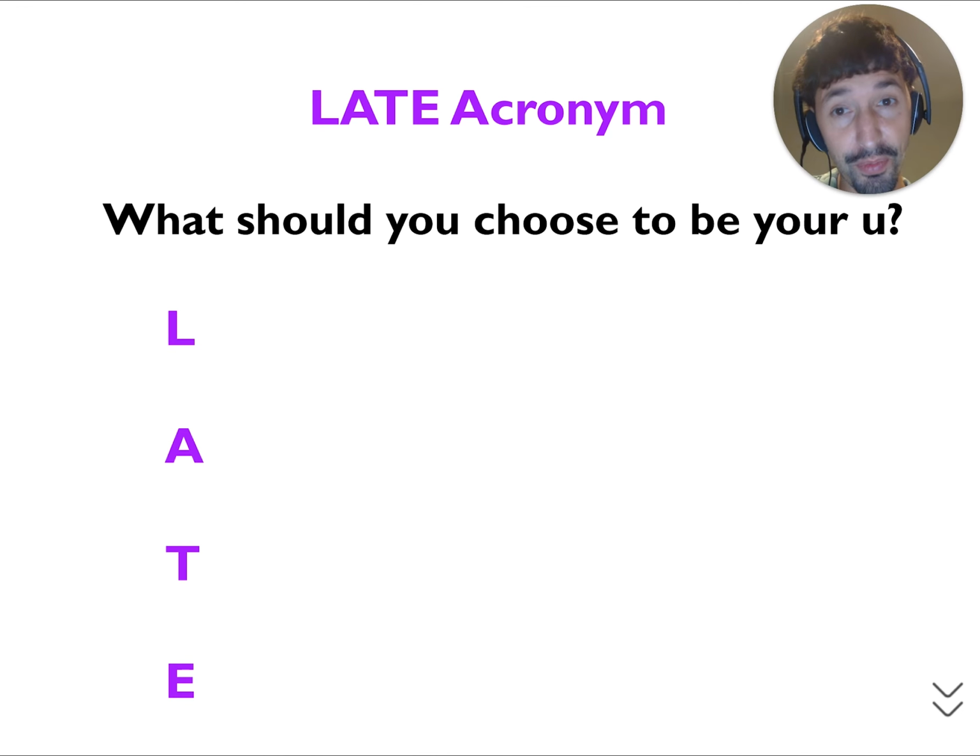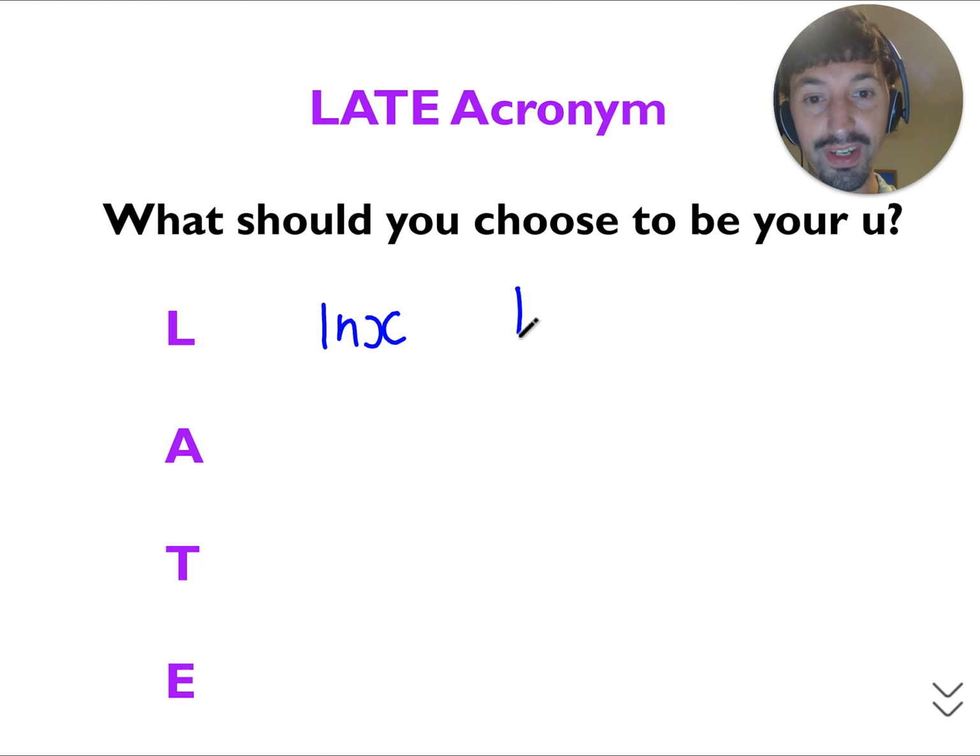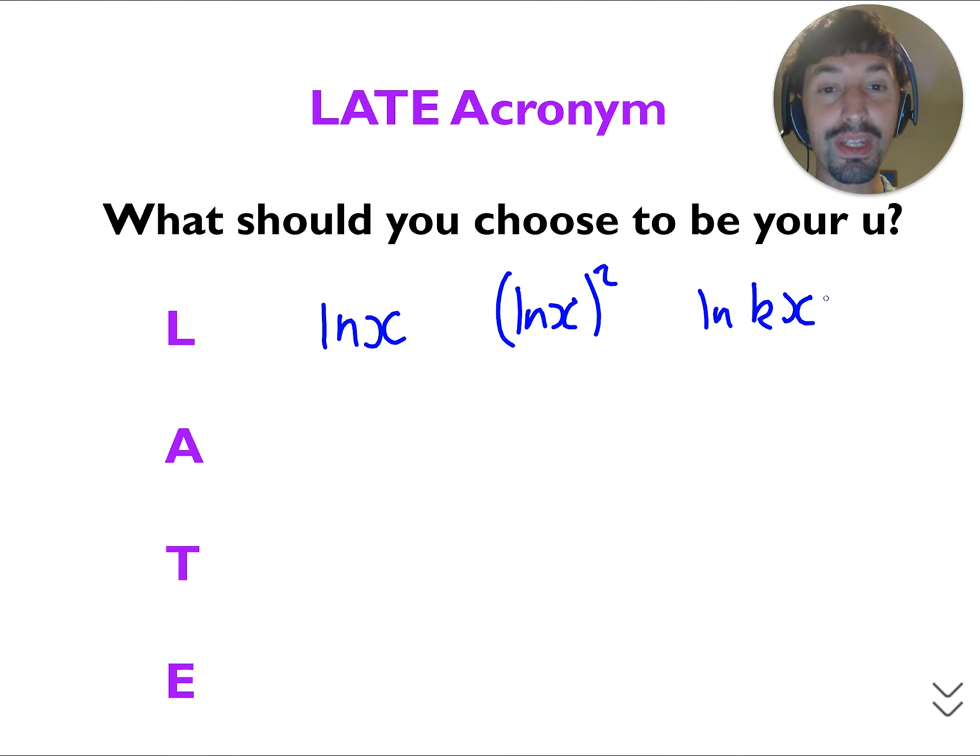One last thing that might help you with your integration by parts questions, when you're trying to decide which function to be your u and which one to be your v dash, the derivative. This is an order of how you should do it. If your function has a logarithmic function in it, so for example an lnx, or even an lnx squared, or maybe lnkx, this should be what you choose to be your u first.